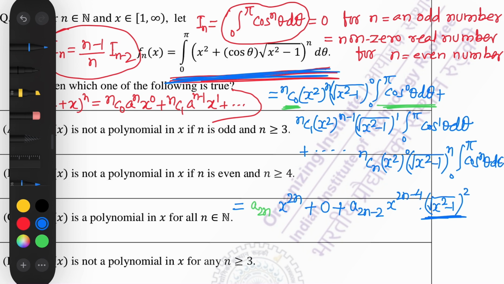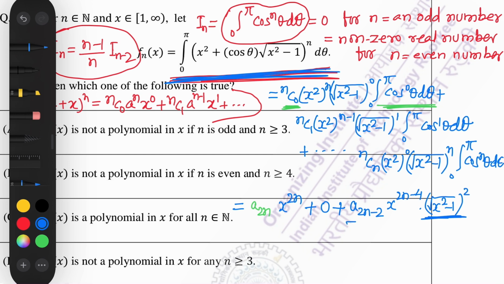because if you have an even number as a power of a square root, then you know it will be a polynomial. And you must always remember that the product of two polynomials, or the product of any number of polynomials with a real number, is again a polynomial. Subtraction, if you subtract two polynomials, then you again get a polynomial.